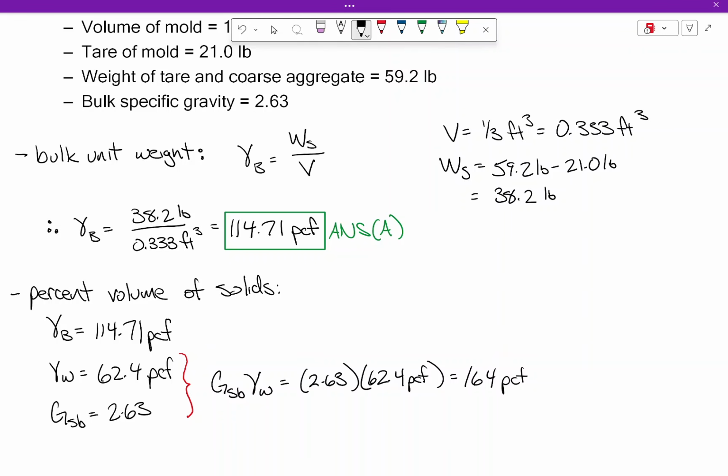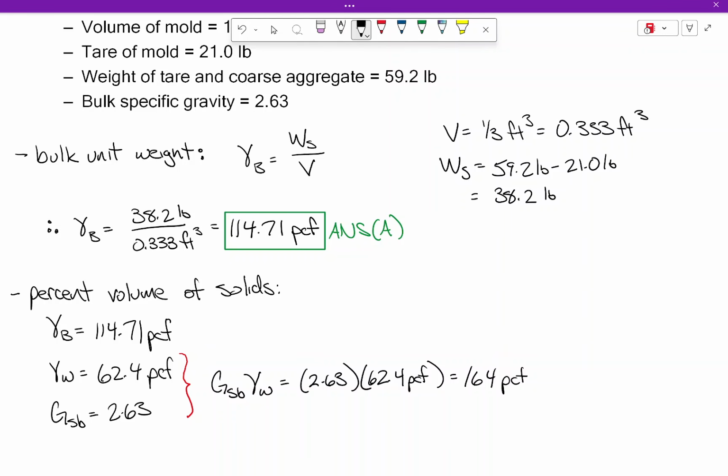Not individual particles, but a solid hunk of stone comprised of this material. This is how much it would weigh per cubic foot. Everybody with me on that?